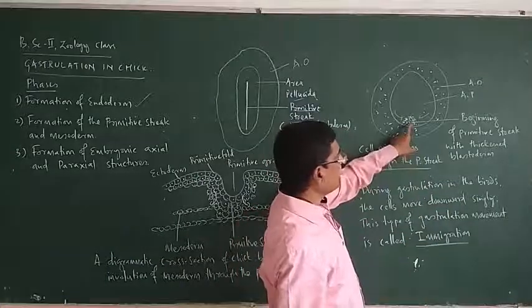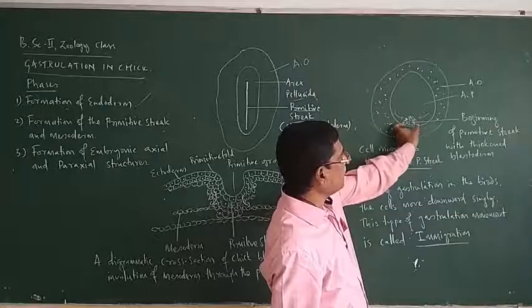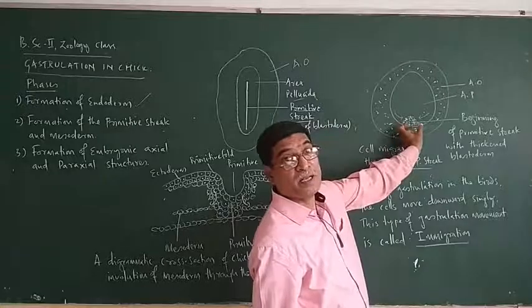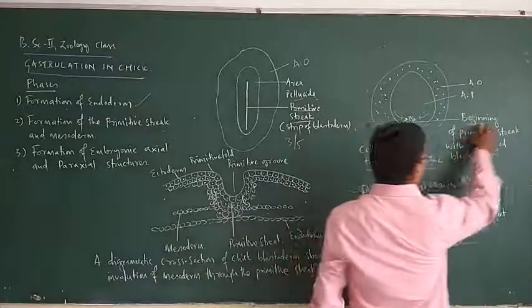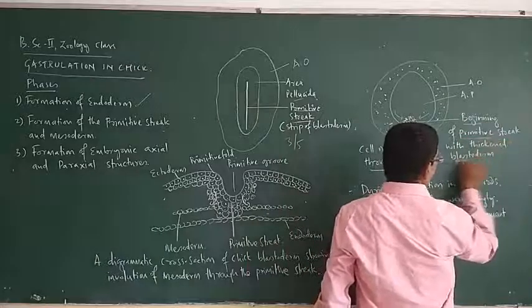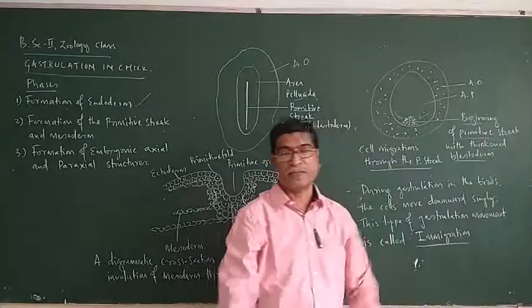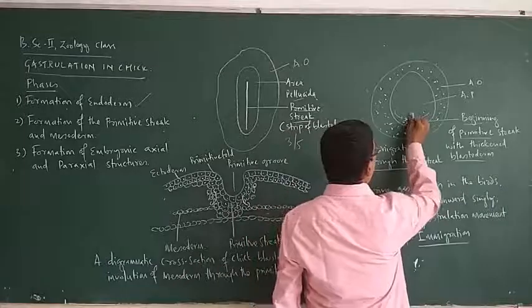As a result, a thickened and wider part of the blastoderm is seen at the posterior edge of the area pellucida. So this is the beginning of primitive streak with a thickened blastoderm. Here the blastoderm is thick. Gradually it extends forward.